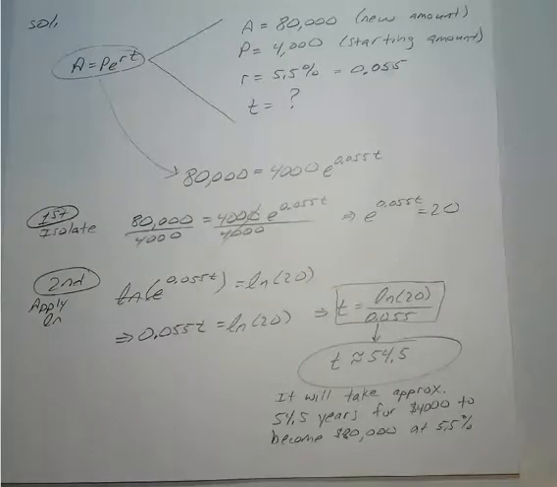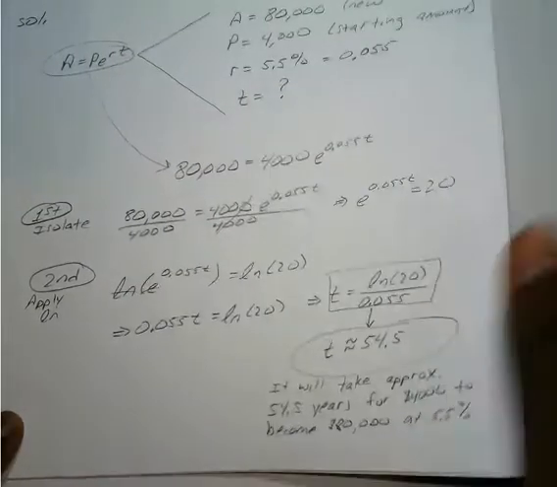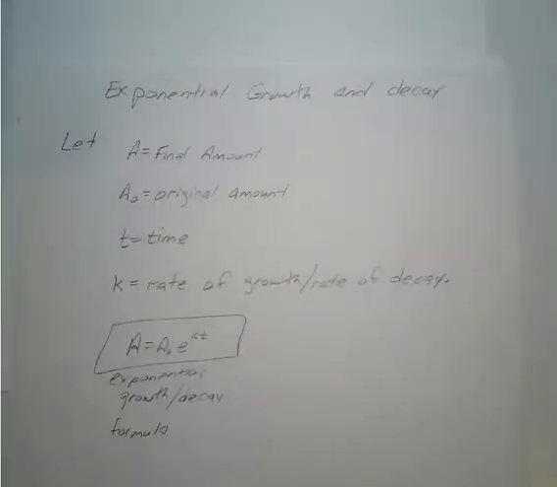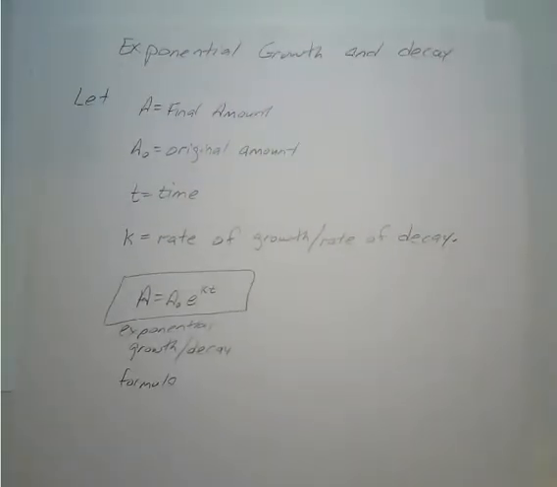All right. So if you are still writing, feel free to press pause. But we're going to go to our next example, which will cover exponential growth and decay. I kind of wrote this out for you.